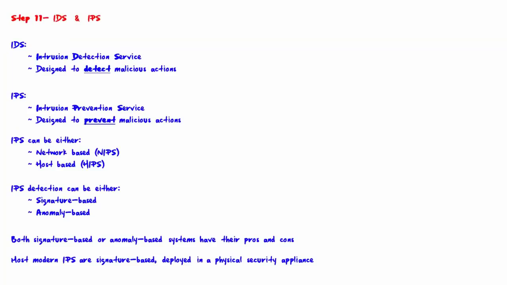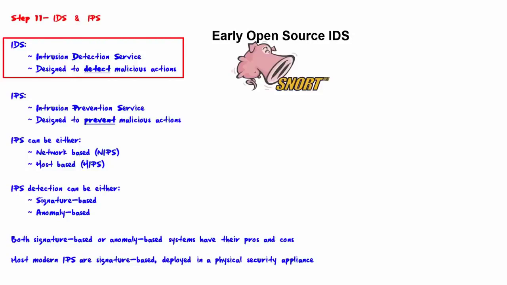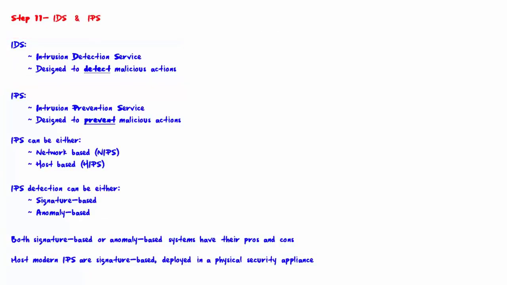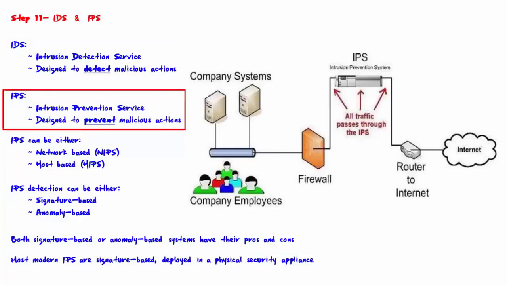This is step 11, IDS and IPS. IDS equals Intrusion Detection Service, which is designed to detect malicious actions that might occur on the network. IPS is Intrusion Prevention Service, which is designed to prevent malicious actions from occurring on our network.